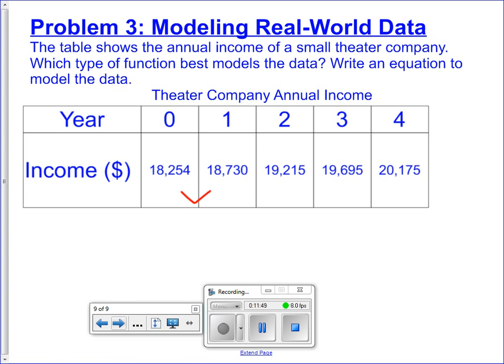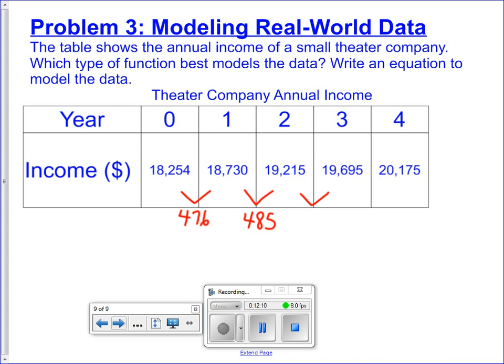The difference between these two would be 476. The difference between these two numbers, 19,215 minus 18,730, would be 485.